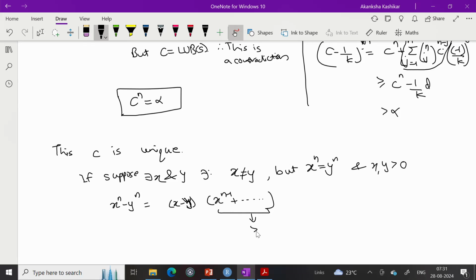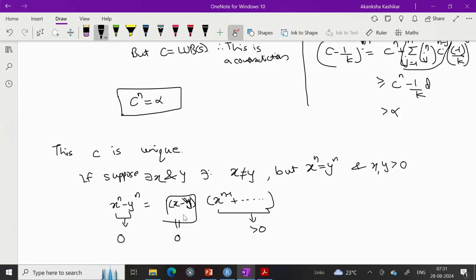Then I can use expansion of this. x^n - y^n is (x - y) into (x^(n-1) plus, you know this expansion, so this is homework to complete this. But we know that this consists of all positive terms only because x and y are both positive.